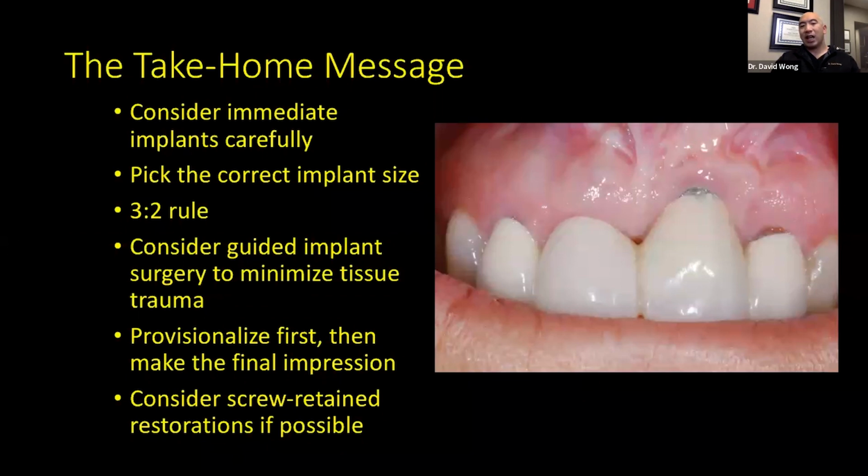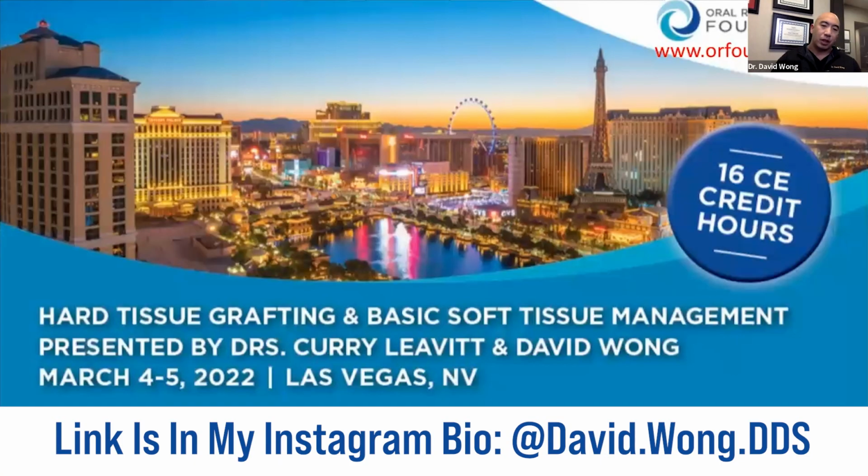We talked about considering guided implant surgery so you don't have to reflect a flap, which is also just kinder to the soft tissues and, especially if we have long tapered teeth, keeps the gingival morphology and architecture a lot more stable. For front teeth, I always recommend doing a provisional restoration first, because that's just going to make your life a lot easier. And consider screw-retained restorations if possible. That way you don't have to mess with a lot of subgingival cement and that type of thing.